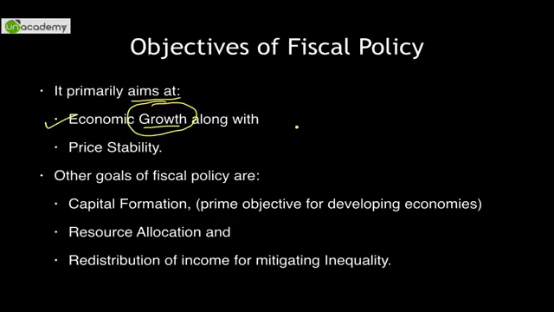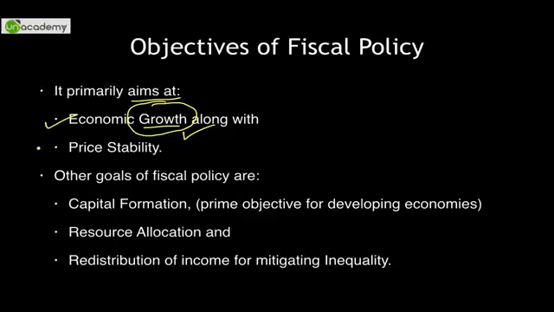Through those taxes, the government spends on expenditures like defense, five-year plans, missions, etc. And all those missions give employment to people and help us grow economically. So economic growth is the first primary important aspect of fiscal policy.